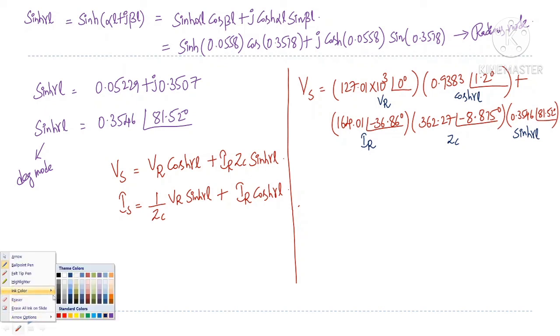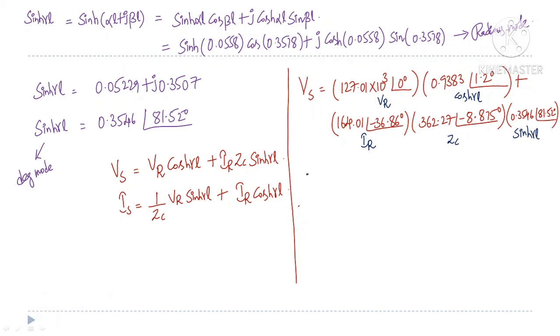Now let me find the Vs value, the sending end voltage. What is the Vs value? If you evaluate this with the help of a calculator, you will get 137,045.35 at an angle 6.20 degrees volts.